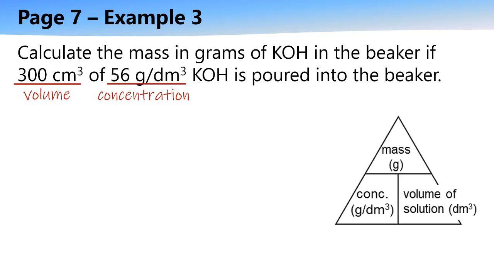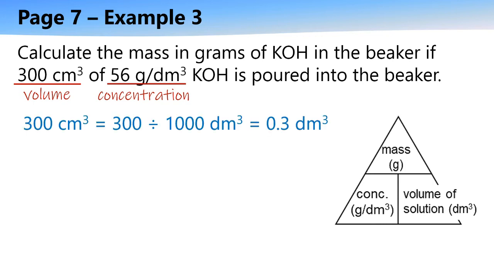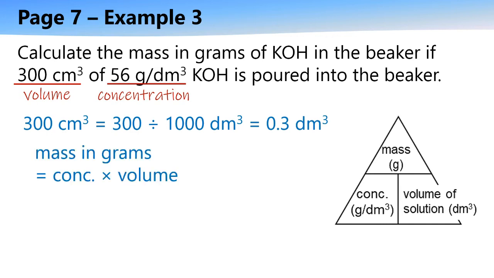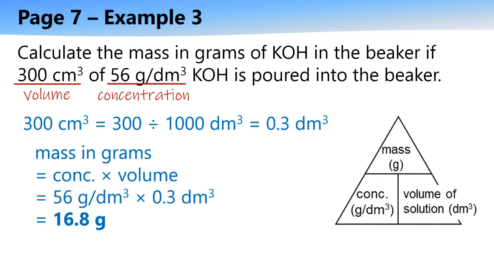To calculate the mass, I will multiply the concentration by the volume. Once again, it is given in cm3, so I convert first to dm3. So the mass in grams would be the concentration multiplied by the volume, which is 56 multiplied by 0.3, and I get 16.8 grams.